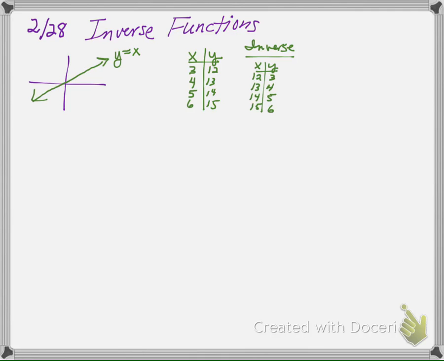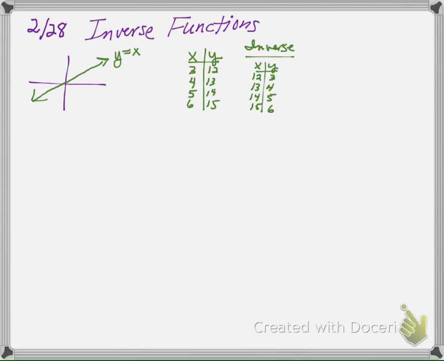Okay, is it really that simple? Yes. It really is. So you just switch the x and y. So whenever you reflect over the line y is equal to x, all you're really doing is switching your x and your y. It's really all that's happening.